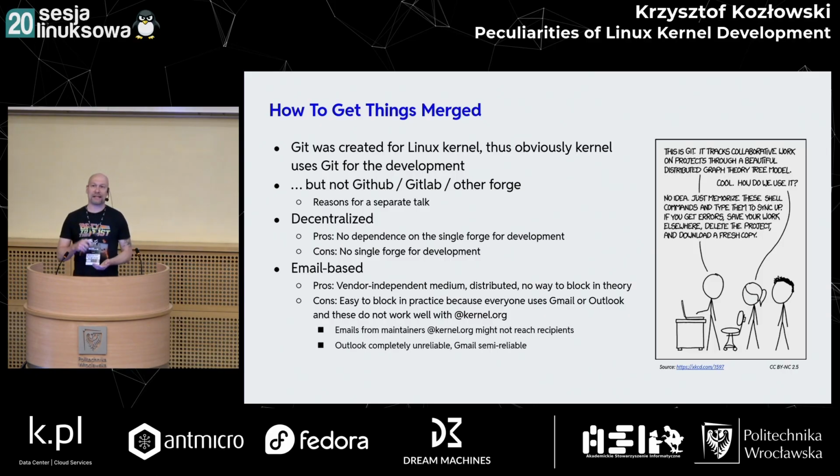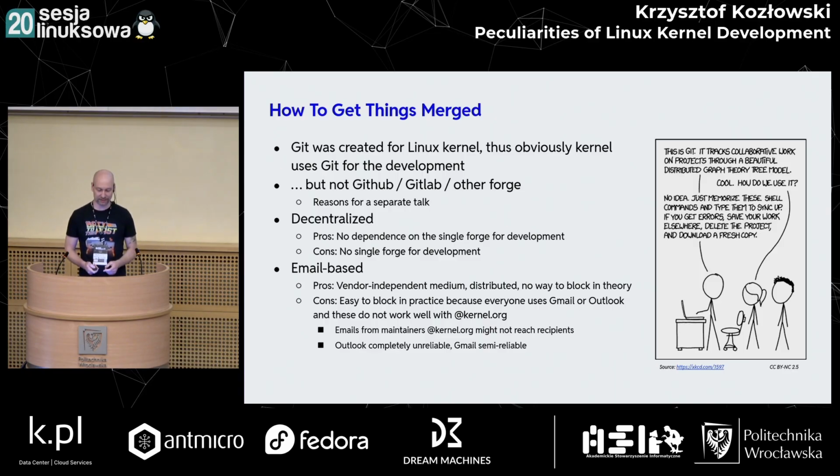The emails from the kernel.org domain are being flagged as spam by Outlook. So basically, the maintainers cannot reach people using Outlook. And Outlook is used by many companies. Maybe you don't use it, but companies use Microsoft stuff, unfortunately. Gmail still works, but it can also stop working anytime. So our idea of being vendor independent doesn't live up to the conditions of the entire world, where everyone centralizes around the free services.